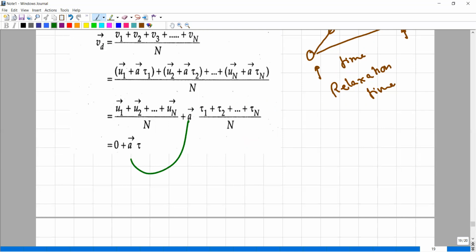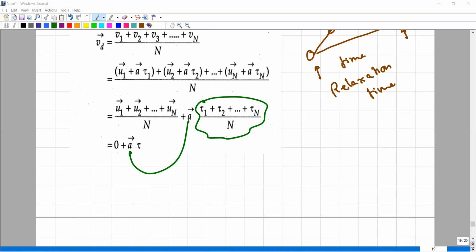So the acceleration is here, and this is the relaxation time, but not just the relaxation time for one electron, but the collective relaxation time or average relaxation time for all the electrons.